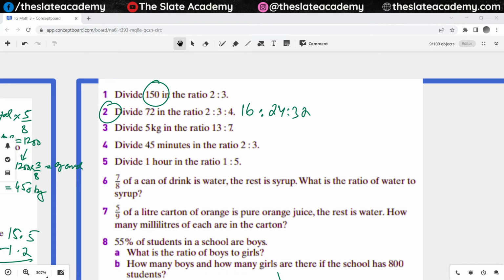Quickly, question number 4 and 5. Miss Anam, your answers. Miss Aisha, just note down your answers.